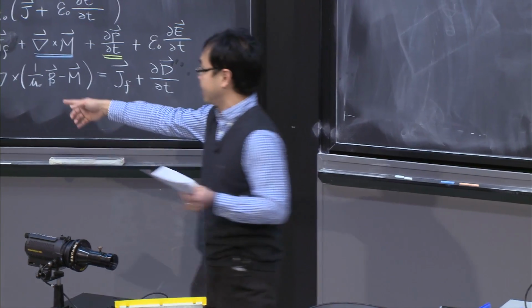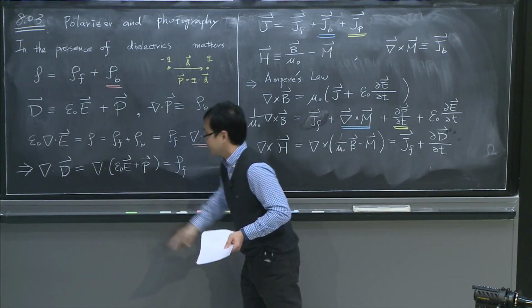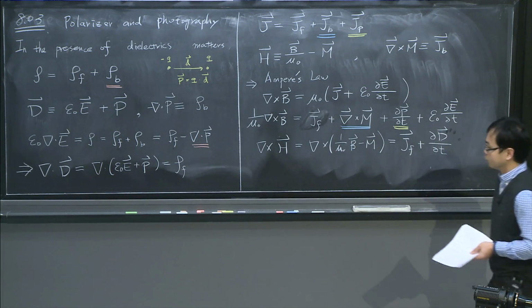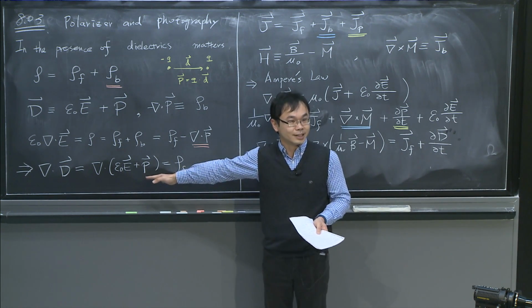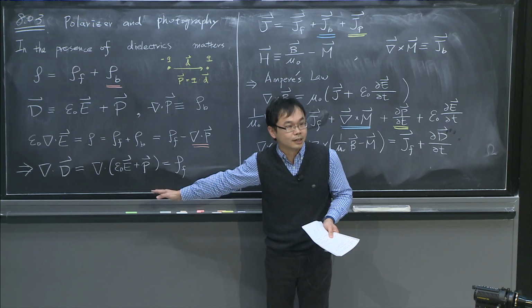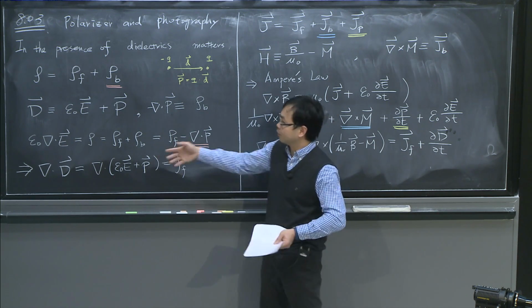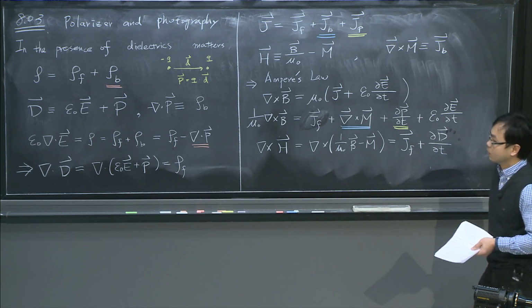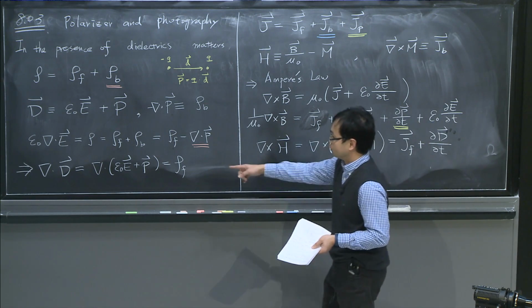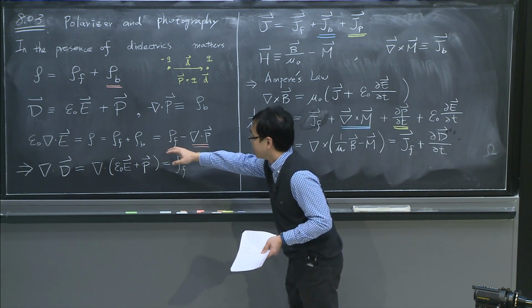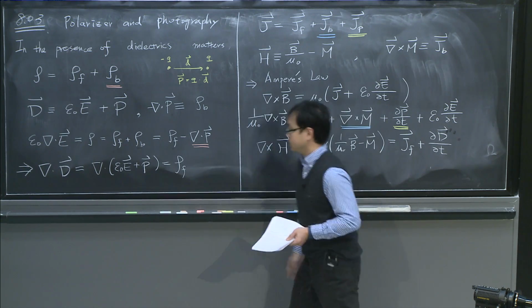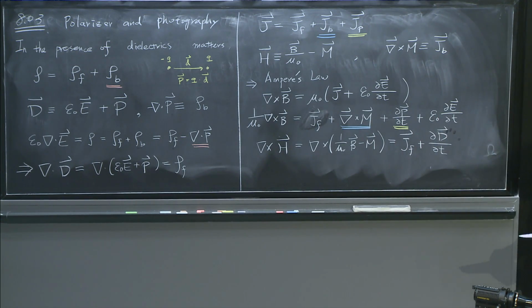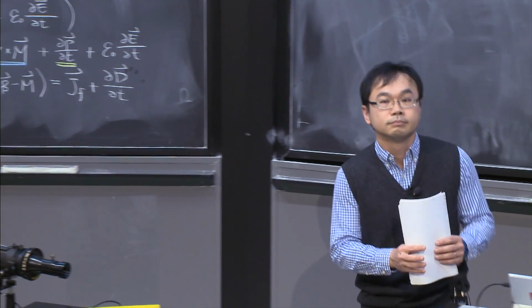What we derive is del dot D equal to rho F. This looks pretty similar to the situation in vacuum, right? Because there we have epsilon 0 del dot E equal to rho, and after we remove the contribution of the bound charge, this becomes this expression. Any questions so far?